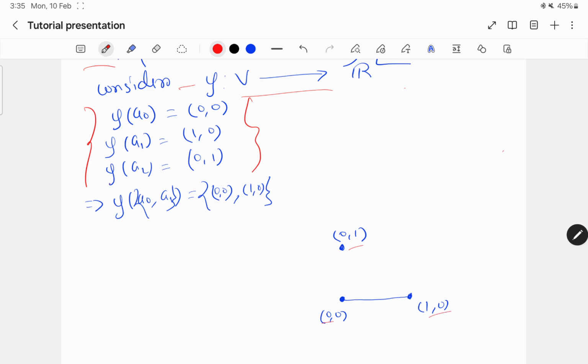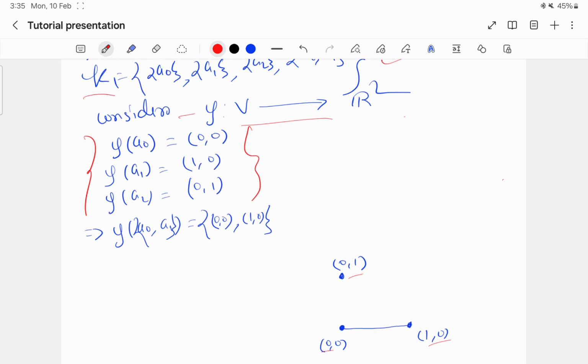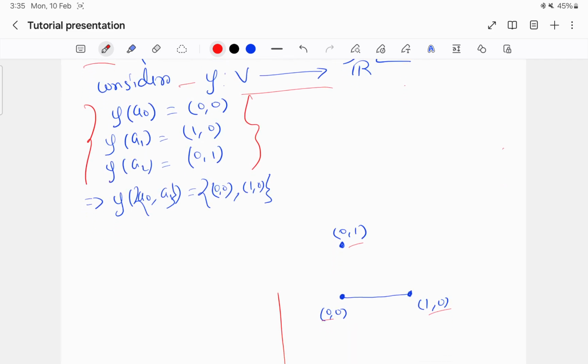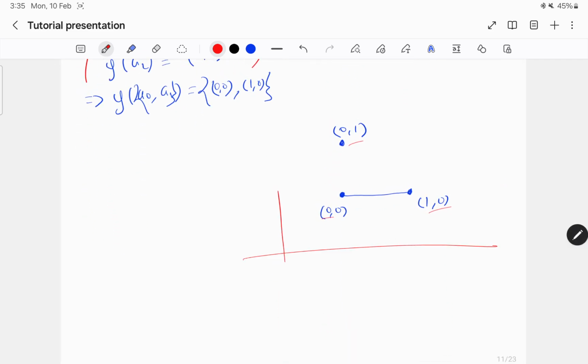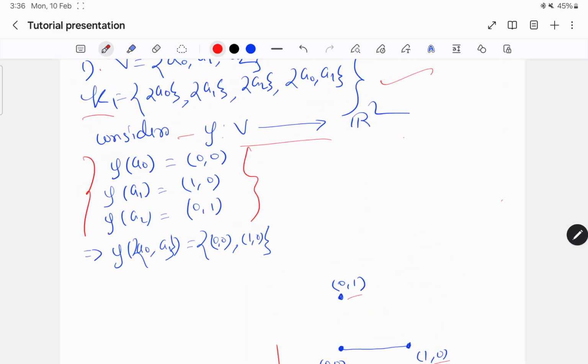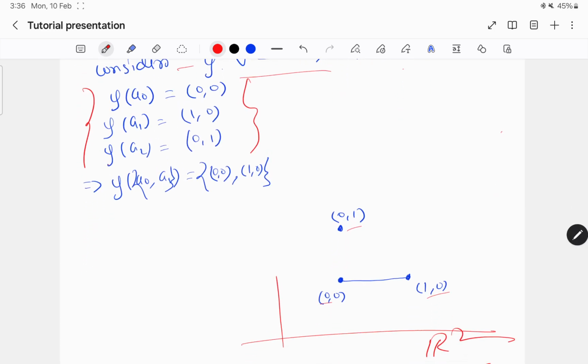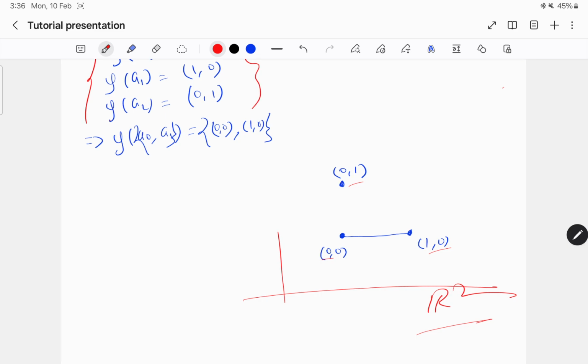These are the images of A0, A1 and A2 under the map phi. Now we are trying to find the geometric realization of this abstract simplicial complex in R2. And what is happening here?